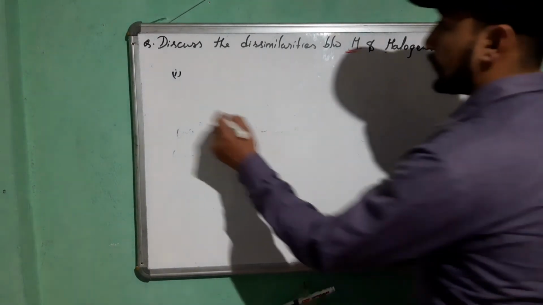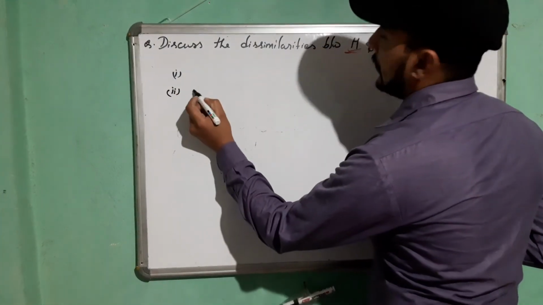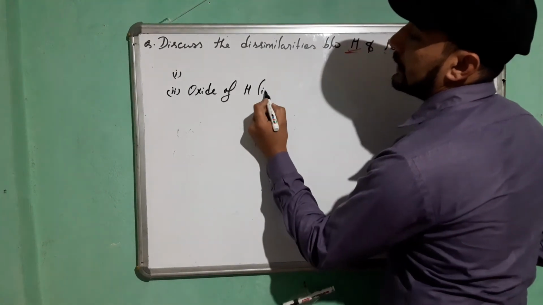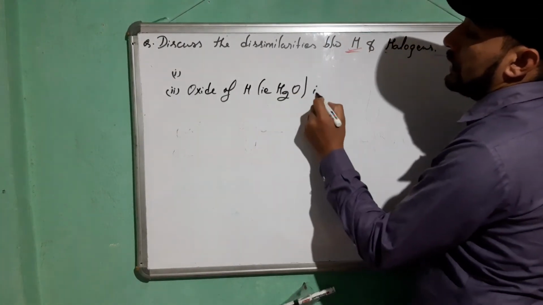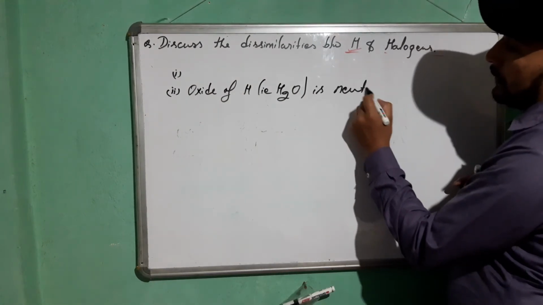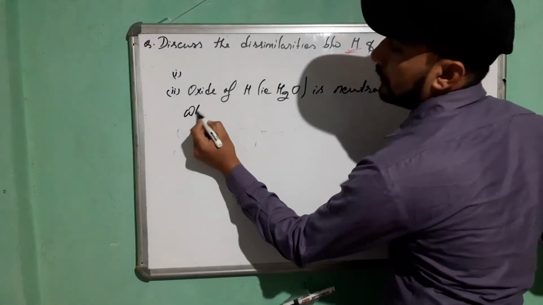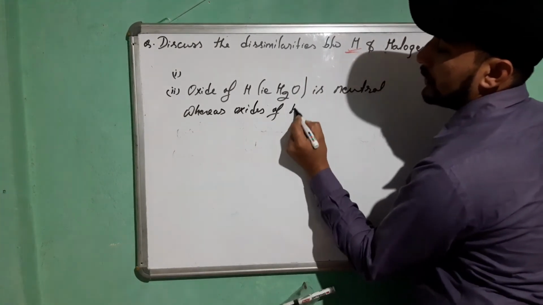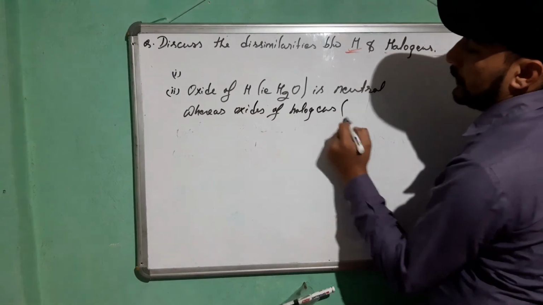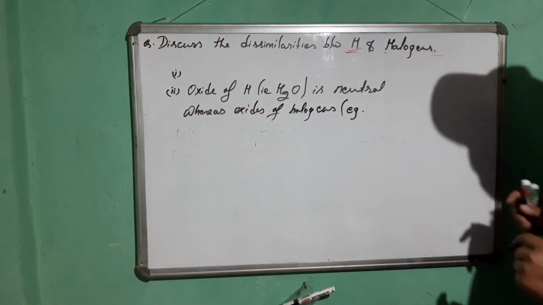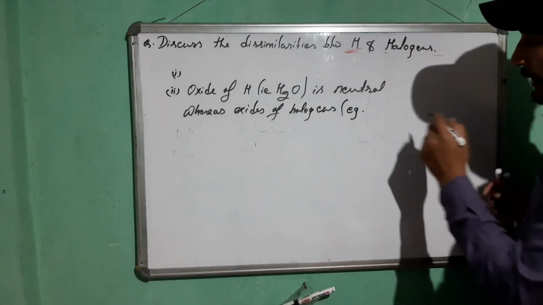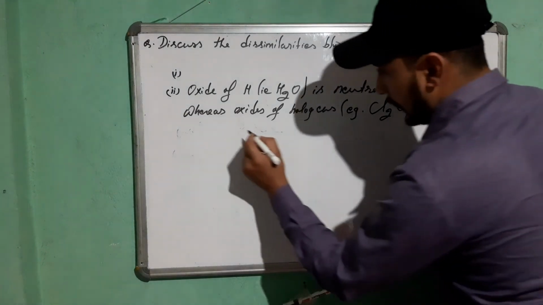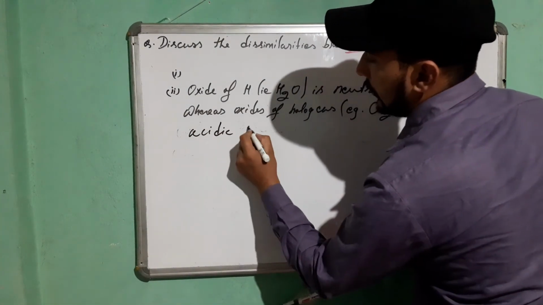Next, number 2, oxide of hydrogen, that is water, is neutral, whereas oxides of halogens, for example Cl2O, are acidic in nature.